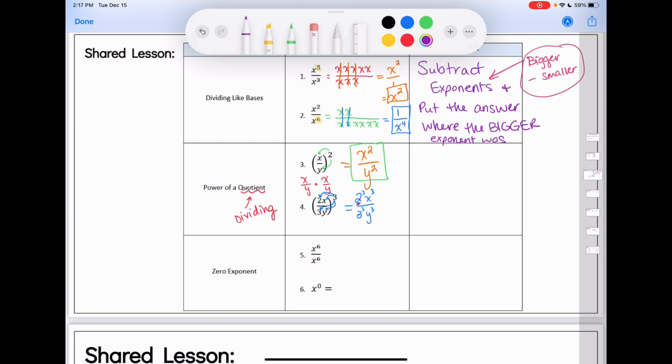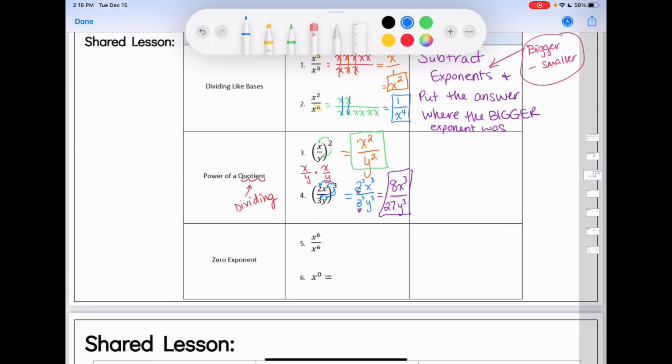Now, just be careful. If I was going to finish this one out, I'd want to make sure my numerical bases were multiplied out. 2 to the third is 8, so I'd have 8x to the third. 3 to the third is 27, y to the third on the bottom. Okay, so on this one, when I have power of a quotient, when I have dividing inside those parentheses, I just do it like power of a product.